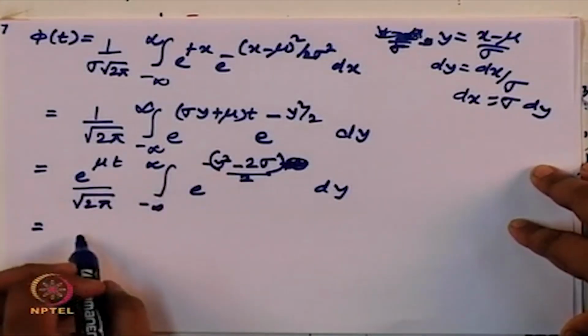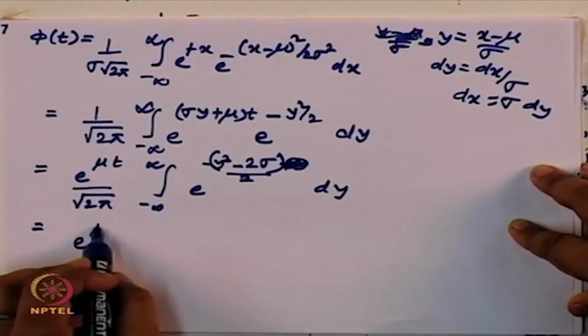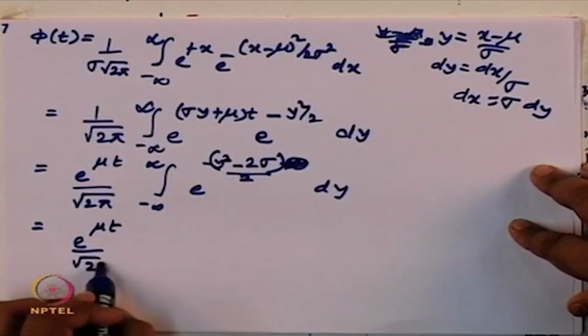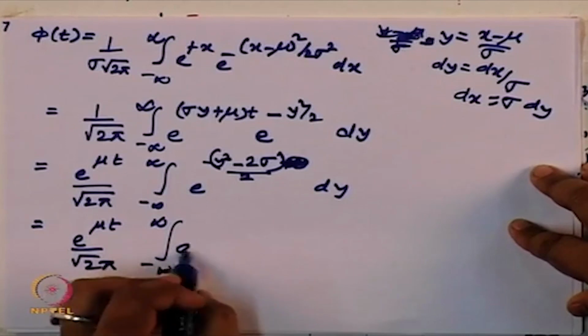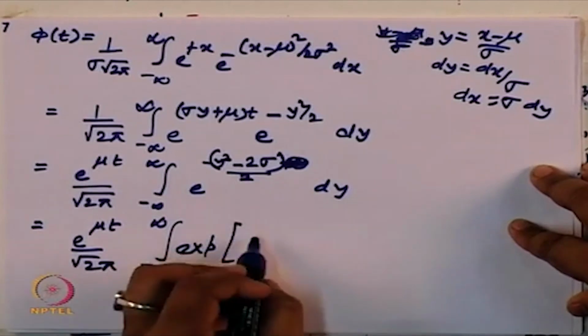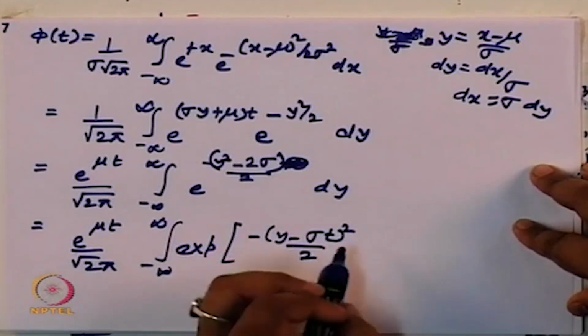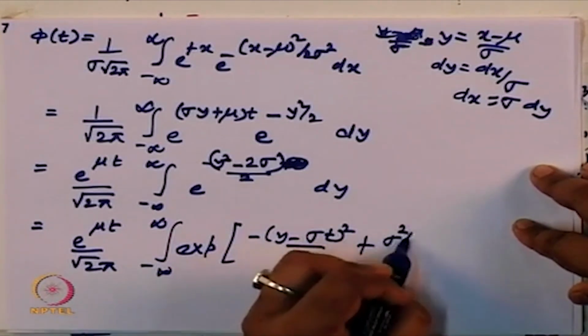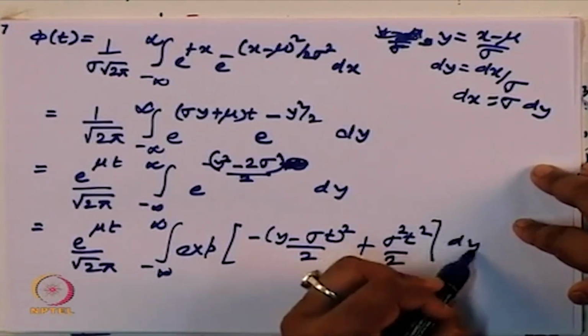I can write this as e to the power mu t by root 2 pi, integral from minus infinity to infinity of exponential. Within the exponential, I can write it as minus y minus sigma t whole square by 2 plus sigma square t square by 2, into dy.